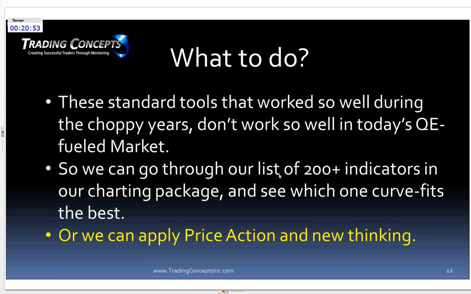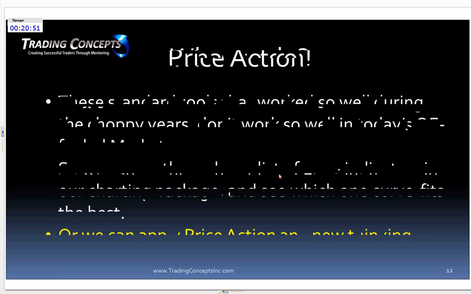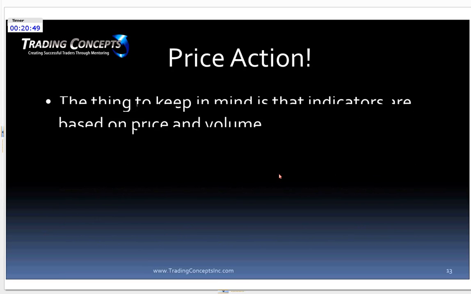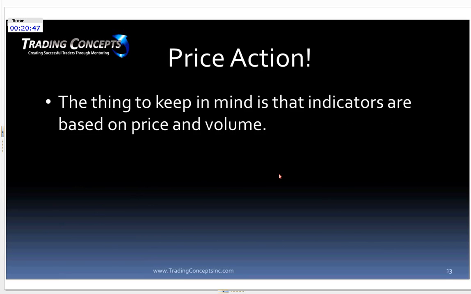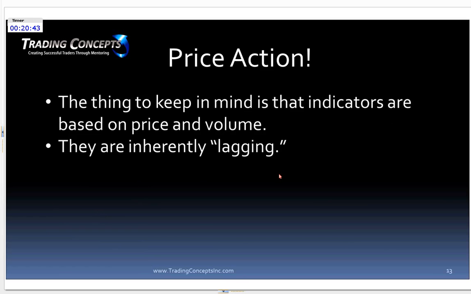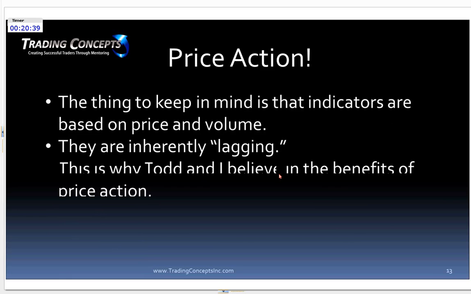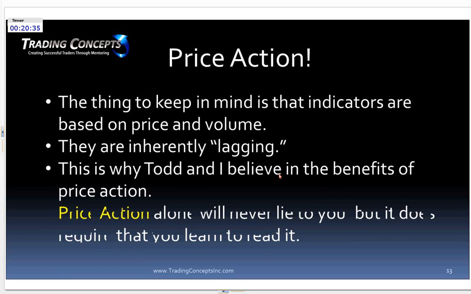Now, price action is basically what Todd just went through with you for the last 45 minutes. The thing to keep in mind is that indicators are based on price and volume, so they're inherently lagging. Right off the bat, they're going to give you lagging signals. And this is why Todd and I believe in the benefits of price action. Price action alone will never lie to you, but it does require that you learn to read it.